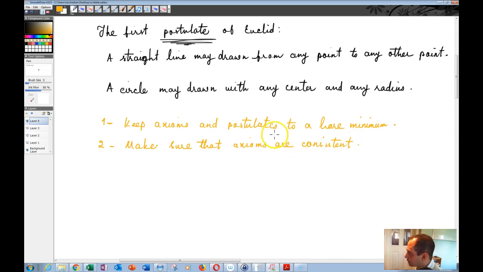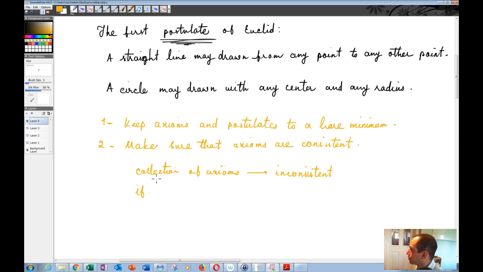What that means is that we say that a collection of axioms is inconsistent, not consistent, inconsistent, if you can use one of those axioms in order to prove that some other axiom in the same collection is wrong.